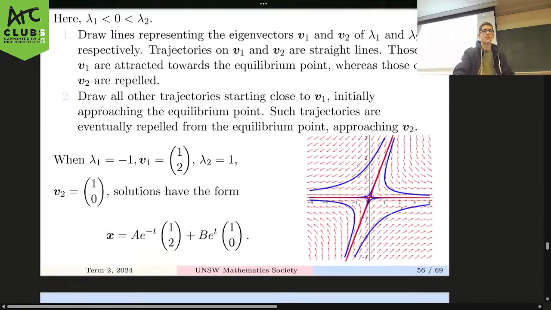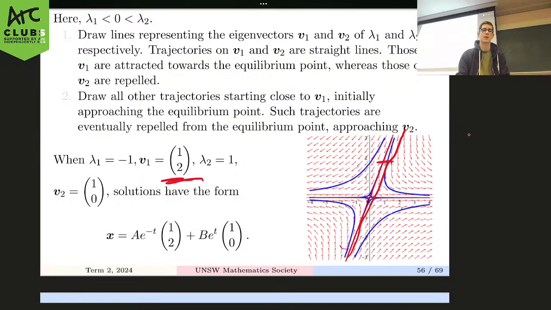And then this case here, one of the more interesting ones, is where we have one eigenvalue positive, the other negative. So say the positive one is in this 1, 2 direction, that's up here. So we'd be going upwards on these two, whereas on the other eigendirection we'd be going outwards. This one should be inwards. The negative one would be going inwards. The positive one would be going outwards, right? So we have, say, a trajectory like this, right?